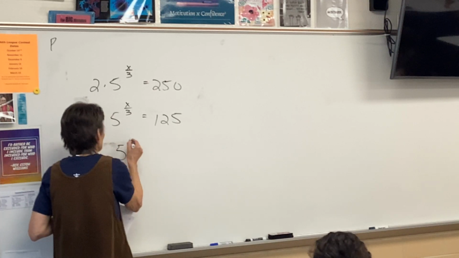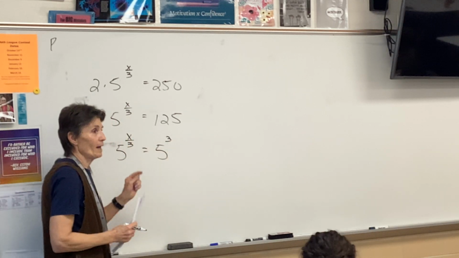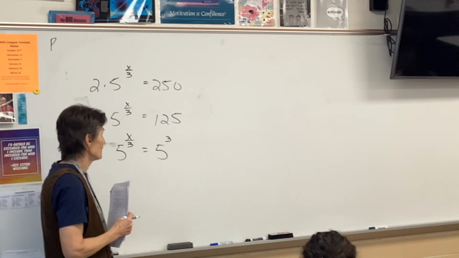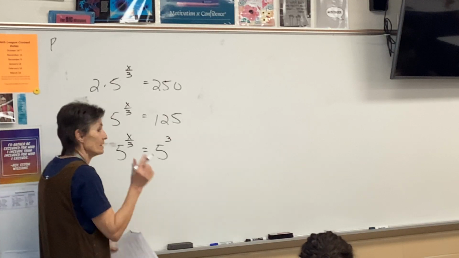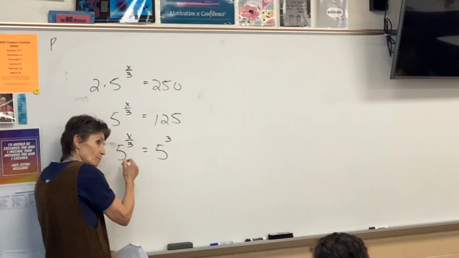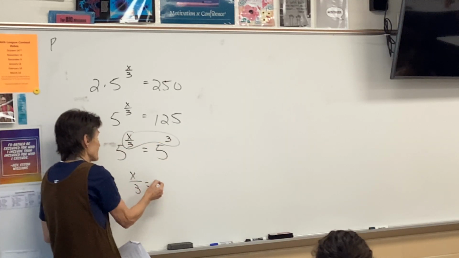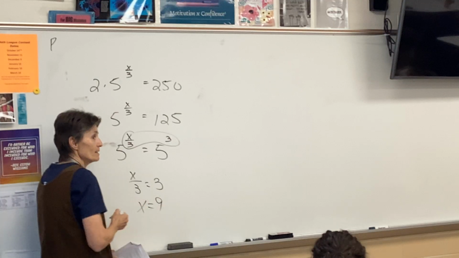When in doubt, multiply. 5 times 5 times 5 is 125. And then, as soon as you get both as powers of 5, then the equation becomes the exponents. So the answer is 9.